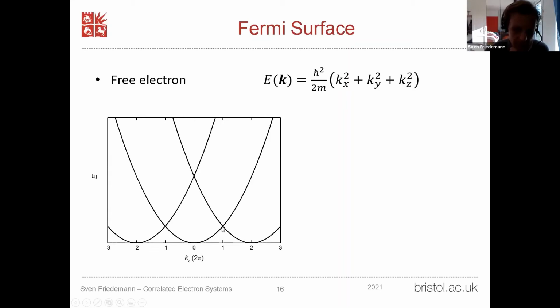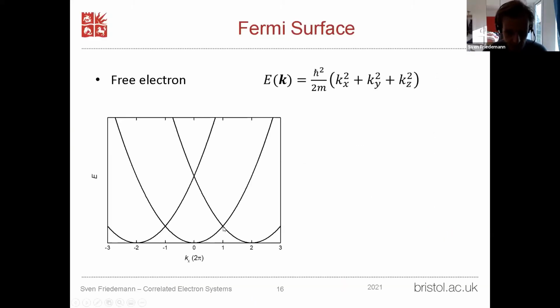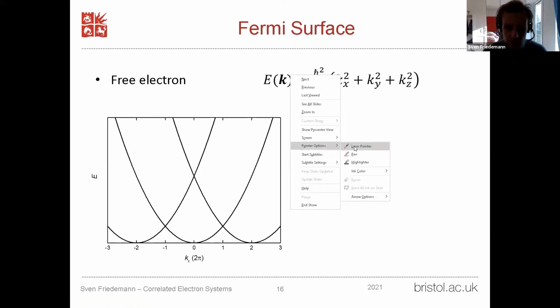We can see some intersection points where the energies of those two branches are degenerate. But if we now consider the nearly free electron model, it's here where the changes occur, because this is something which maps with the periodicity of the underlying lattice, and hence there will be an interaction strength hybridizing these states.